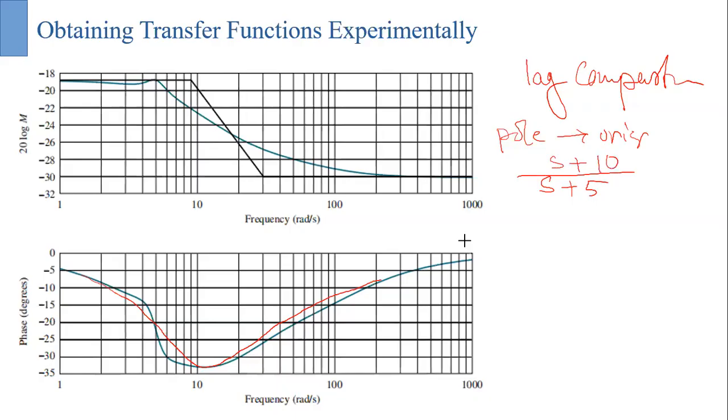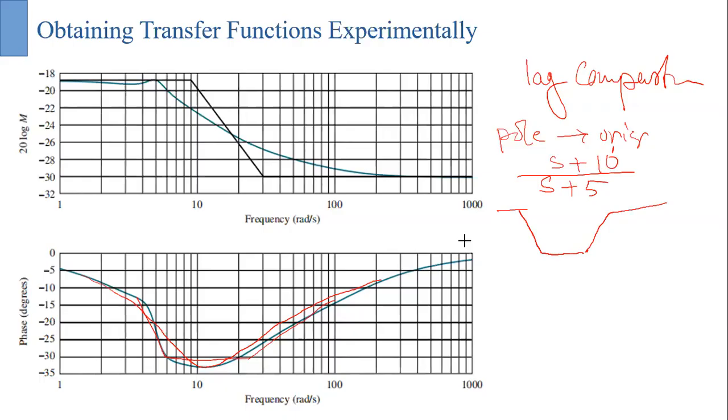At break frequency 5, you will have a decreasing nature, and then it will stay for some time. Then at break frequency 10, it will be increasing again. So eventually your phase value will be something like this. This is what we are seeing here.